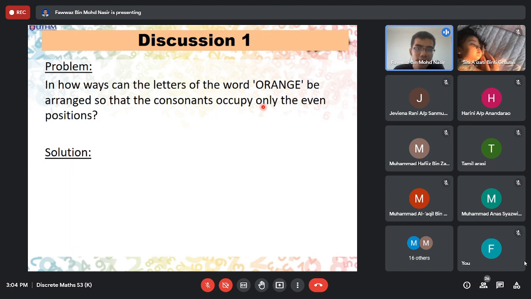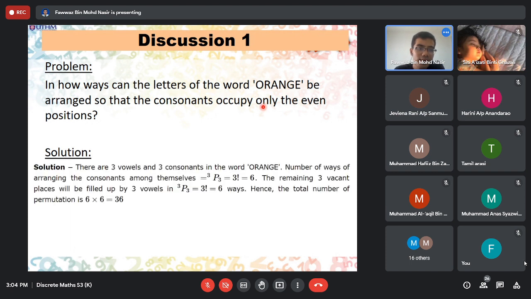Okay, so solution dia basically kita cari the number of ways kita boleh arrange consonant tu dekat even positions dulu. Okay, then kita cari the number of ways kita boleh arrange vowels at the remaining positions.